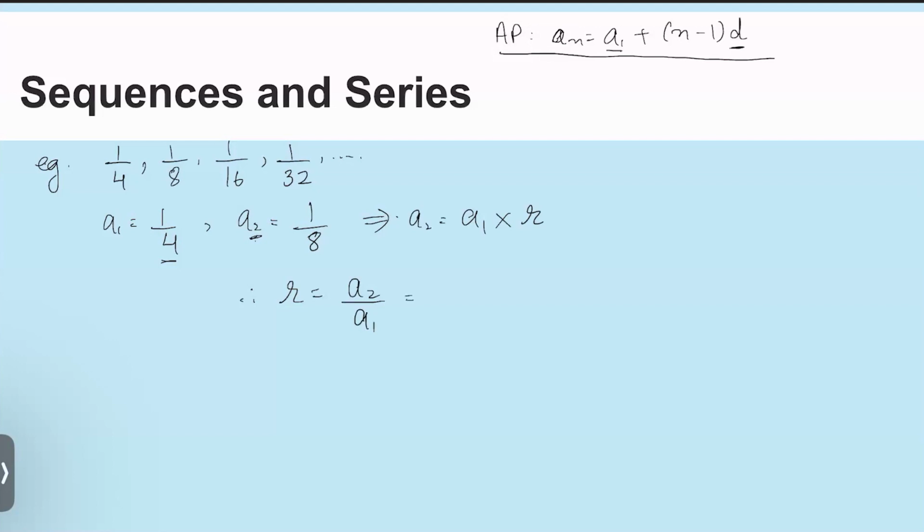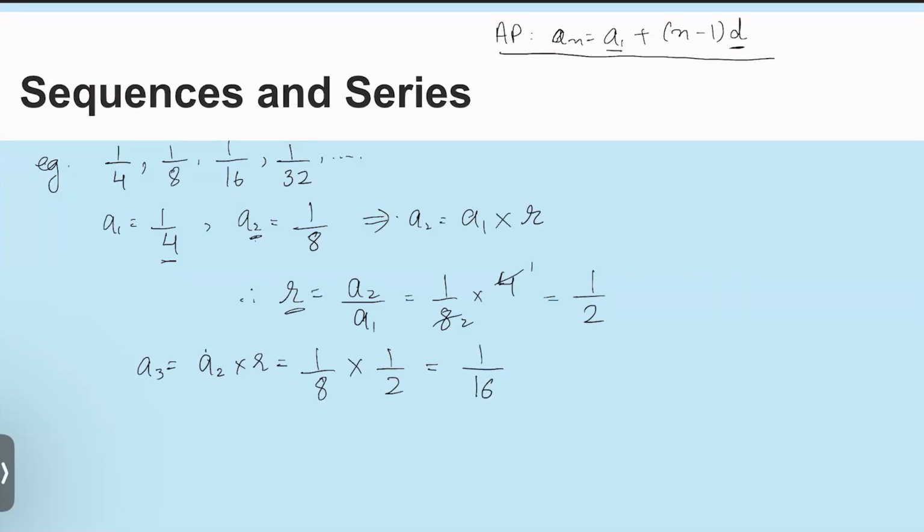What would that be? Your A2 is 1/8 divided by 1/4, so just multiplied by 4, and you get 4/8, which is 1/2. Your R is 1/2. Let's check if multiplying R to A2 gives us A3. A3 would be A2 multiplied by R. A2 is 1/8, multiplied by 1/2, which equals 1/16.